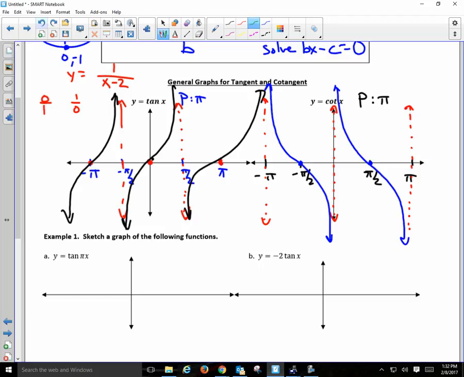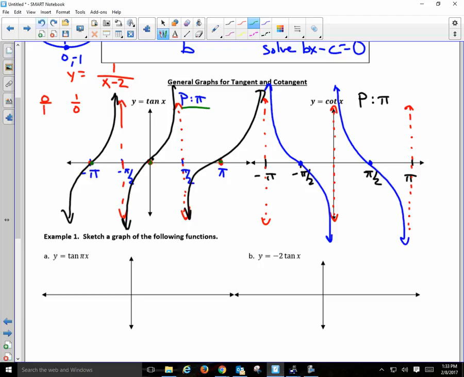It's not too bad, is it? So this is the part that people have to remember for the test. And I have this written on your notes, but this is the most important part. The period is what? Pi. Tangent is equal to 0 at the period.